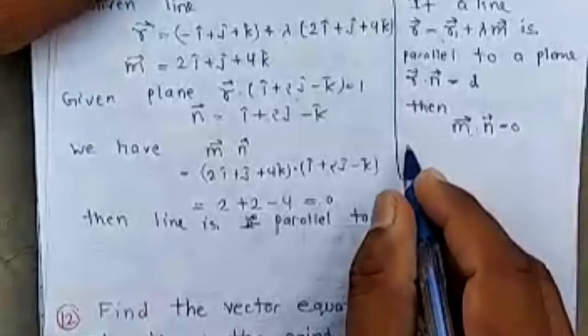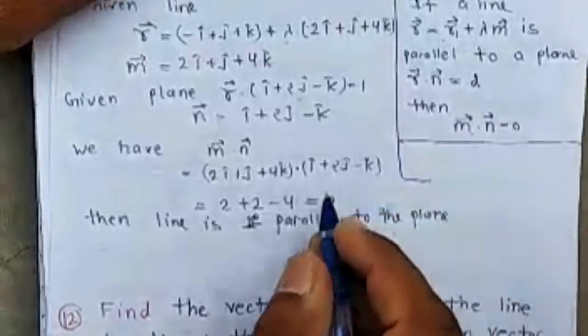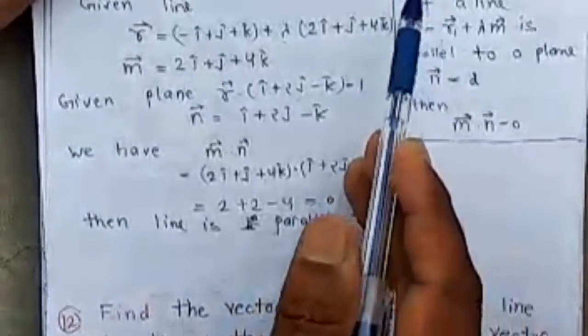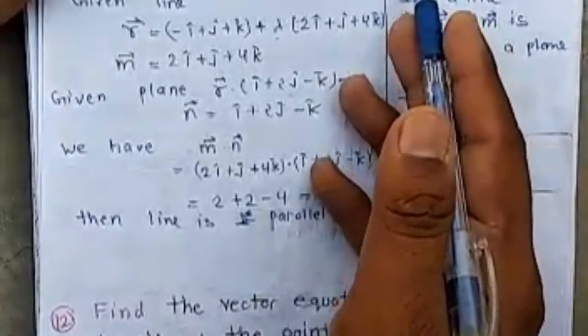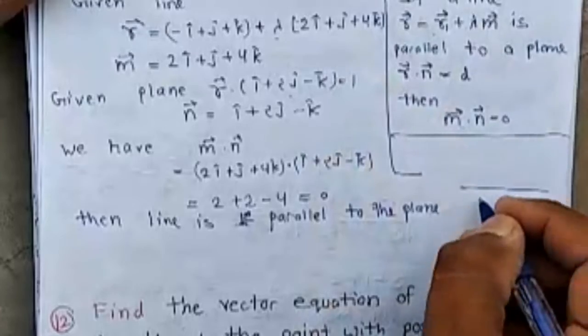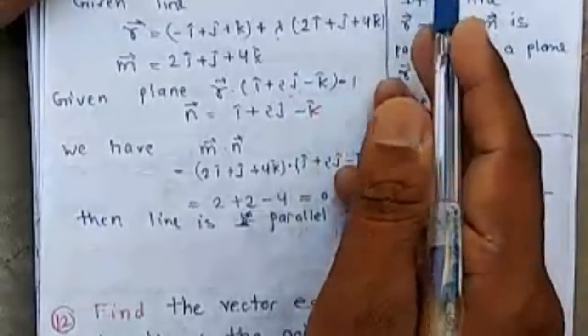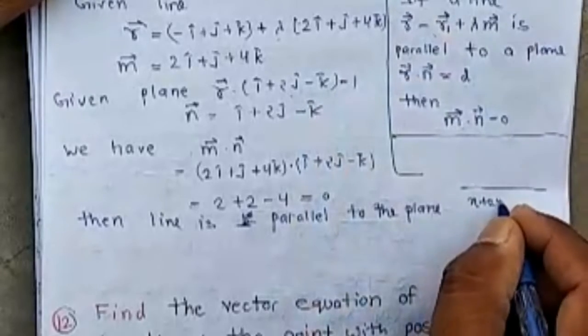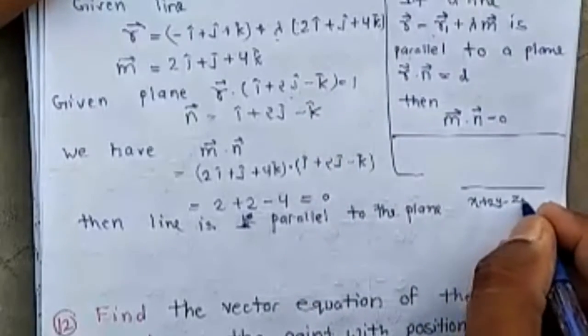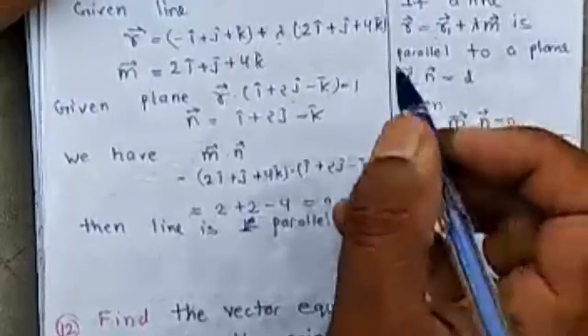Now if we want to find the distance between them, then suppose it is line, and the equation of plane, changed into Cartesian form, we get x plus 2y minus z minus 1 equal 0.